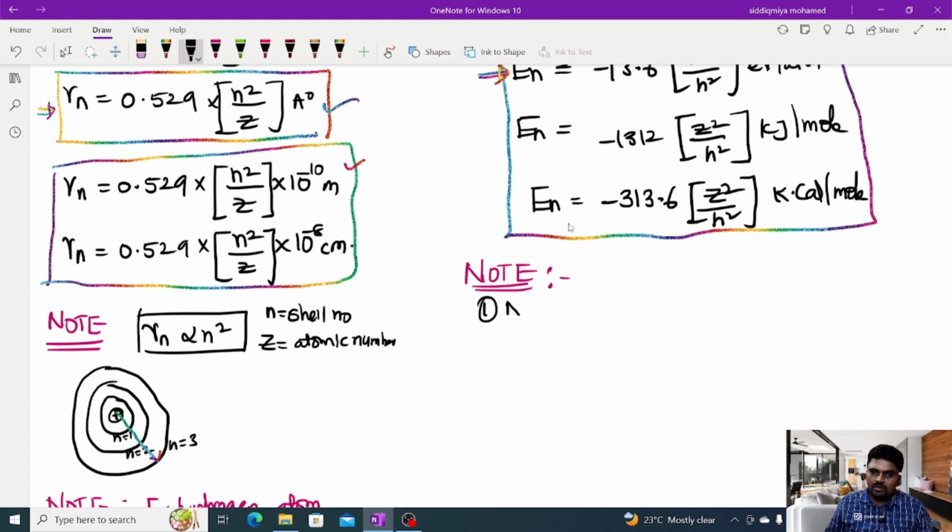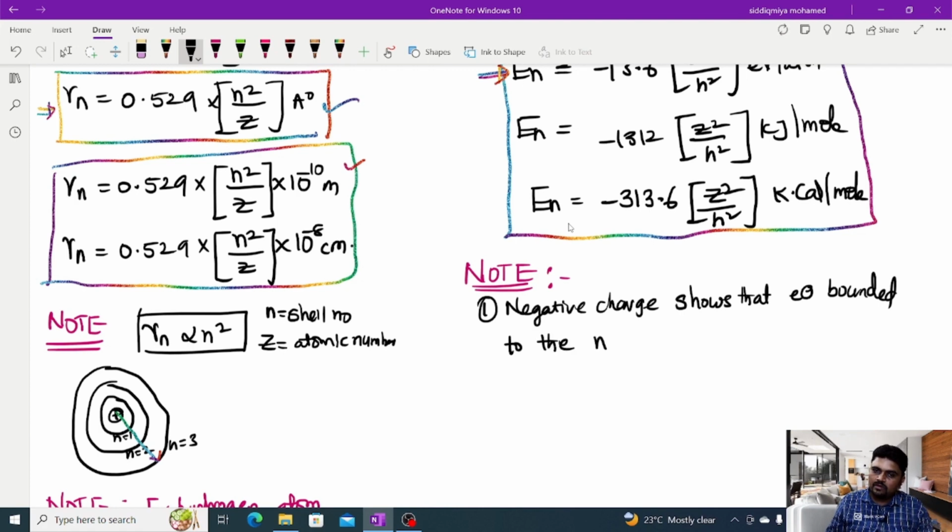So remember, the negative sign in the energy of an orbit shows that the electron is bonded to the nucleus. That is the meaning.